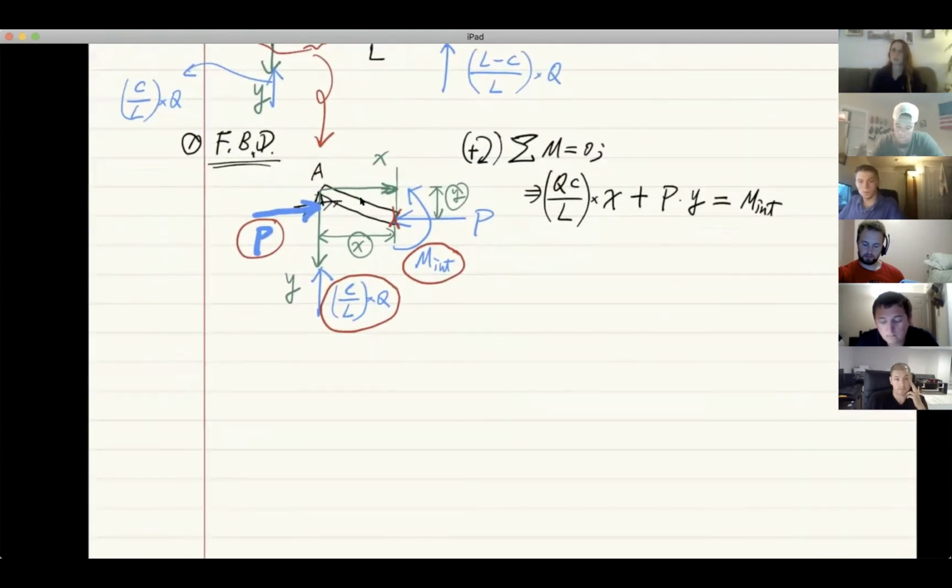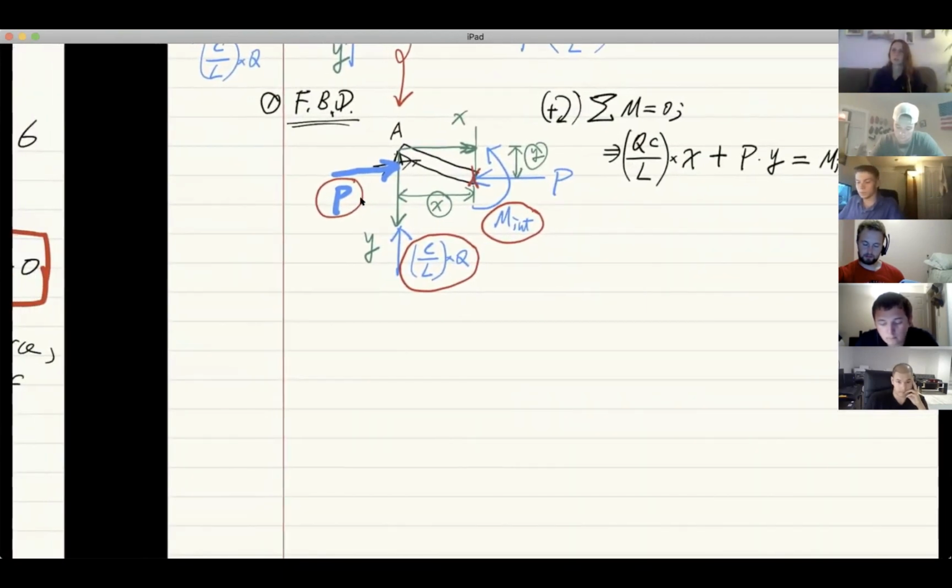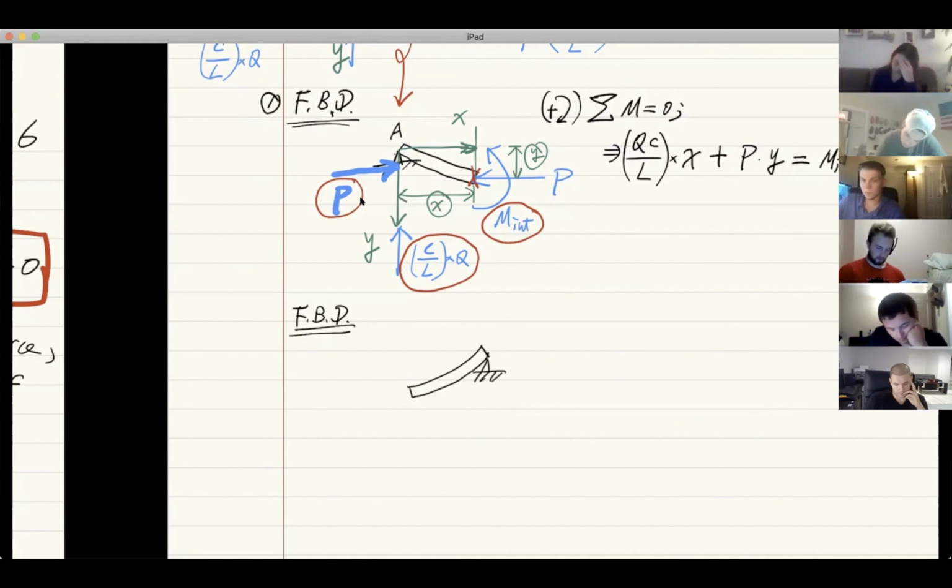And we'll do the same for another element, which is from the other end, avoiding this vertical force Q. So if you consider another one, which is from point B, this is the free body diagram.